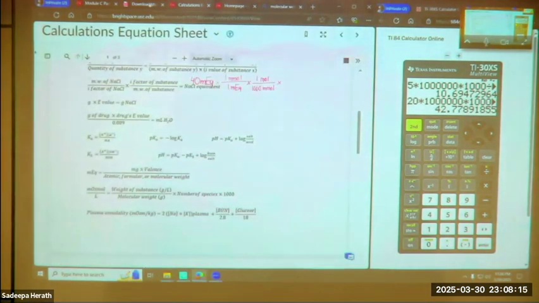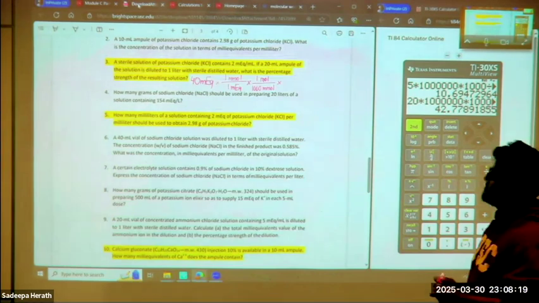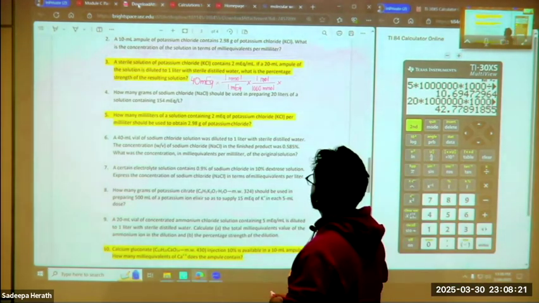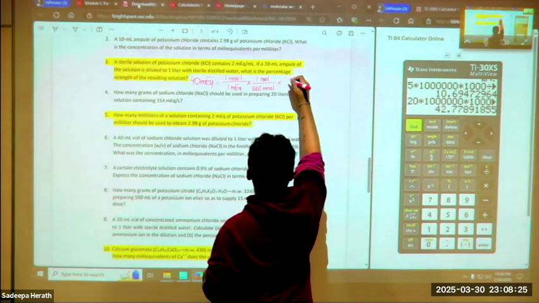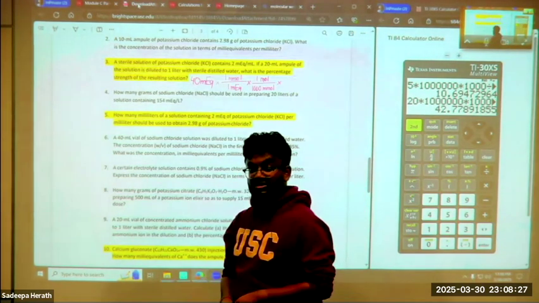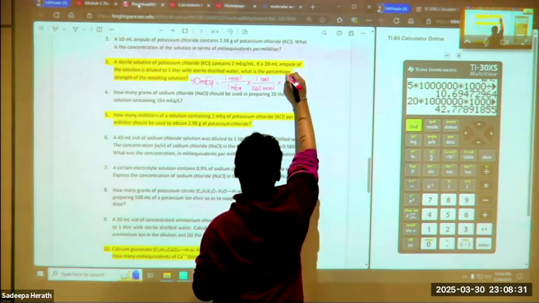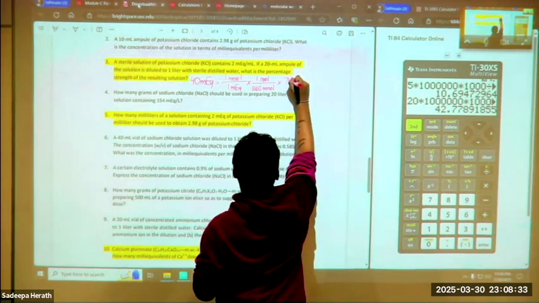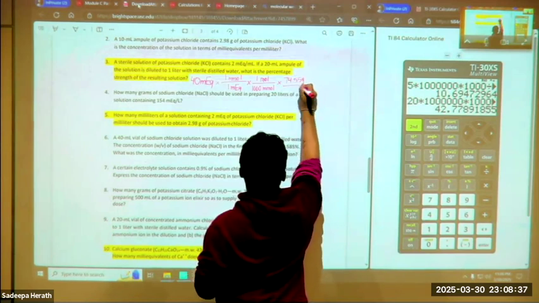You can look at a periodic table to determine that as well, but I cheated. 74.55 grams per mole.